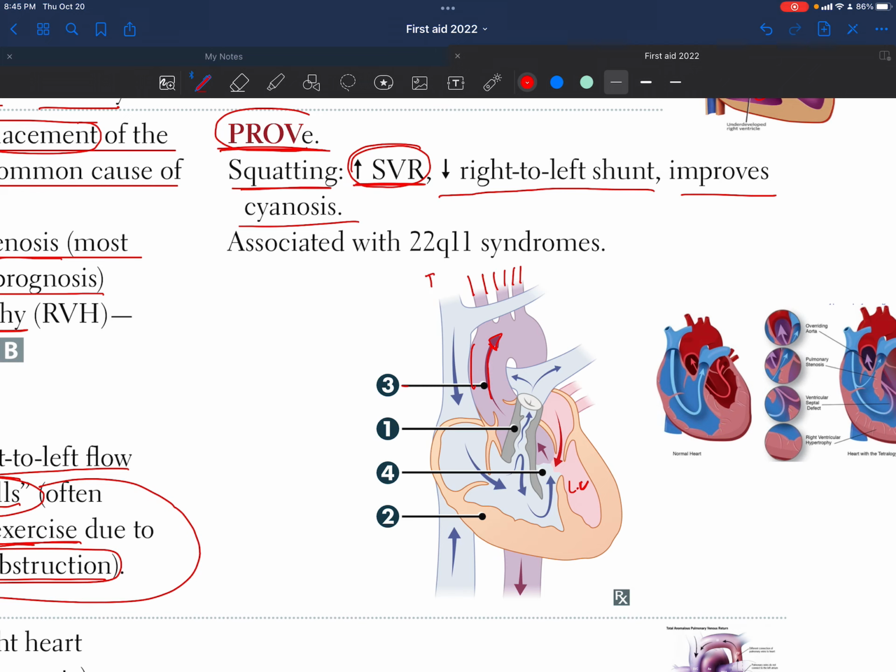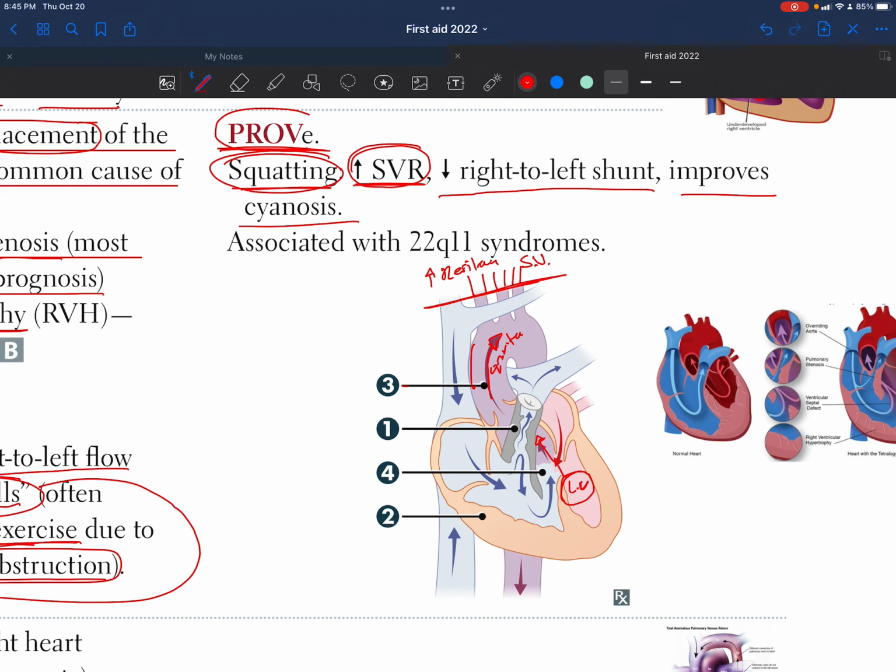So in case we are increasing the resistance of the systemic vessels, that means it's harder for the left ventricle to push blood into the aorta, because the aorta is getting too much resistance from the systemic vessels. That's because of the squatting, so they're closing, so they're increasing their systemic vascular resistance. So it's harder for the left ventricle to push blood through the aorta.